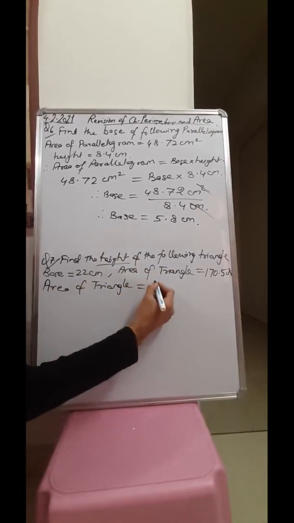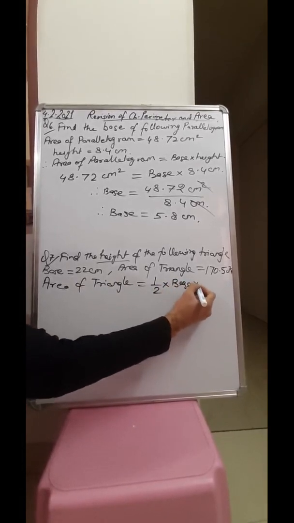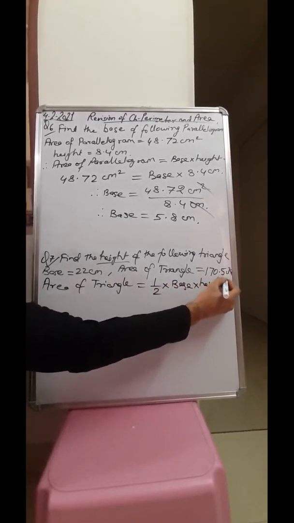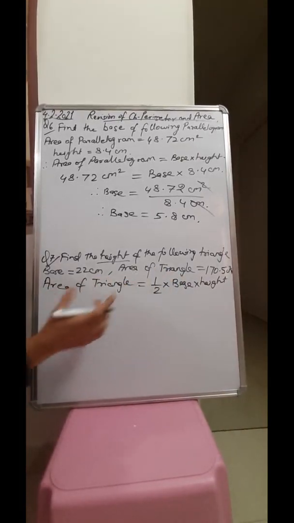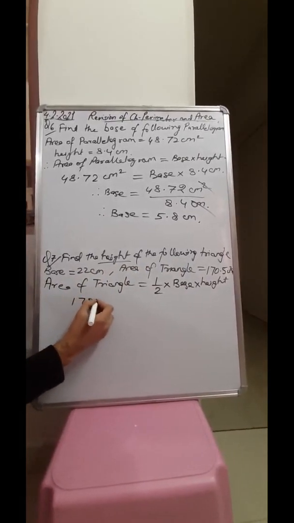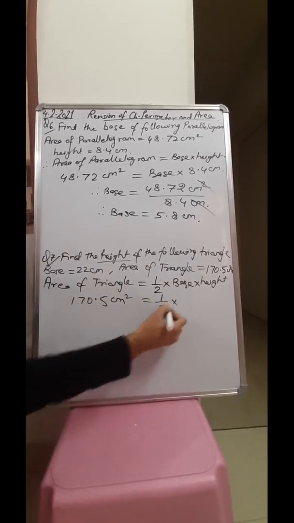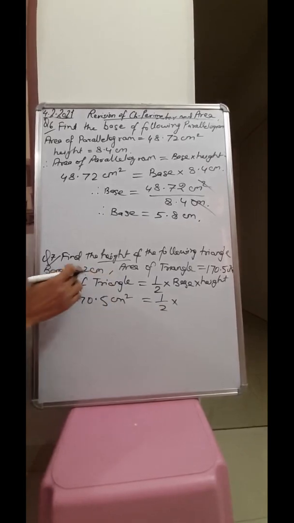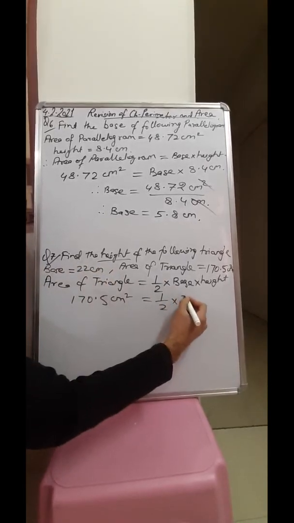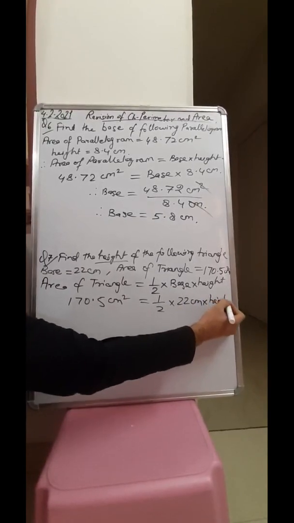The area of triangle formula is equal to 1/2 into base into height. So in the place of area of triangle we can write 170.5 centimeter square equal to 1/2 multiplied by the base, which is given. So in the place of base we can write 22 centimeter multiplied by height.